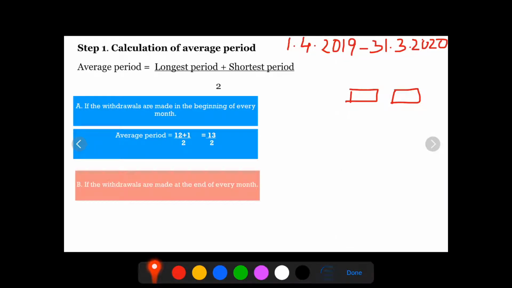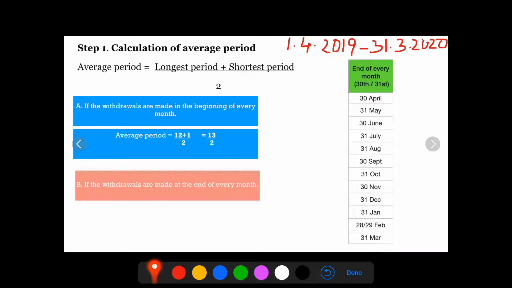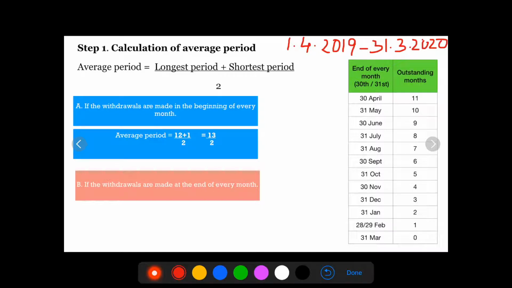Next, if the withdrawals are made at the end of every month, end being 30th or 31st. The number of outstanding months pattern is like this. If it is 30th of April, we will ignore April and start the calculation from May to March, we will get 11 months.